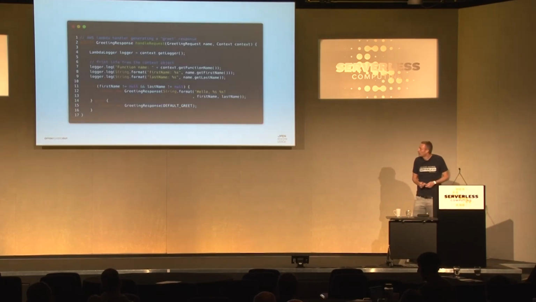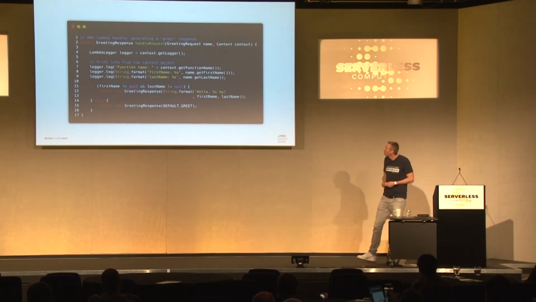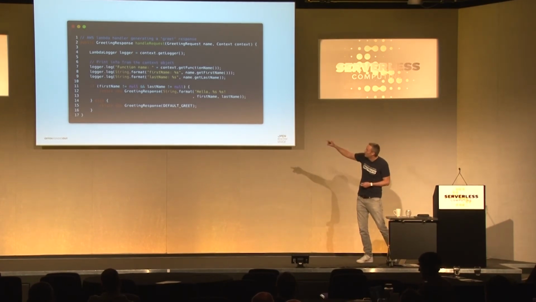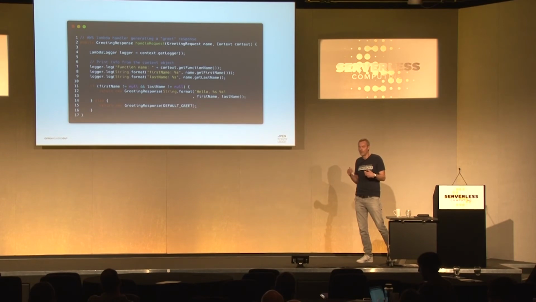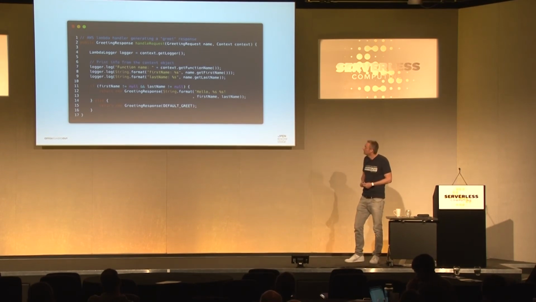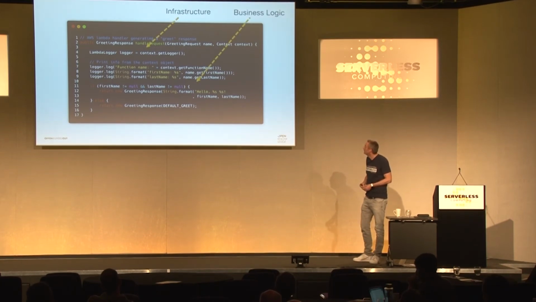If we take a look at the code, I hope it's readable, then we see something like this is an AWS handler method of an AWS Lambda, and it's a very, very simple hello world that should return a greeting. What we see is that we have a mixture of infrastructure code and business logic.